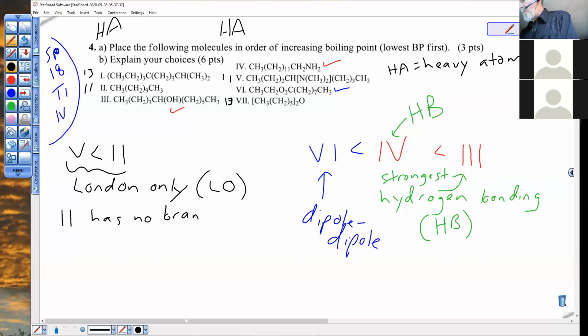Remember, when there's no branching, molecules can get closer to each other. Closer to each other increases the London forces. Now we're comparing the 2 13 heavy atom species, 1 versus 7. It's got a branched methyl here.